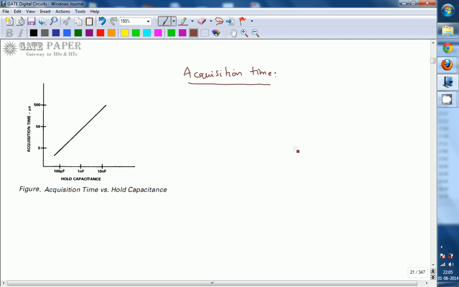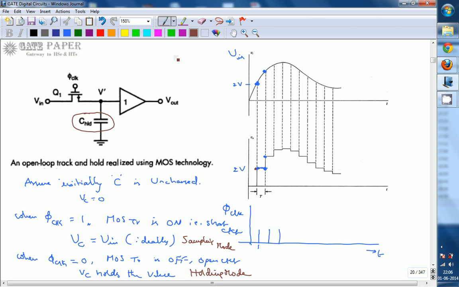Let us assume the input signal is 2 volts, but the capacitor may not reach 2 volts at that instant, so it takes some time. After that it goes to around 1.9 volts. So the error is 2 minus 1.9, which is 0.1 volts. You have to check whether this difference is within the specified bound or not.